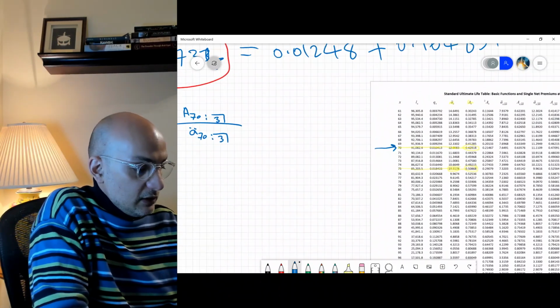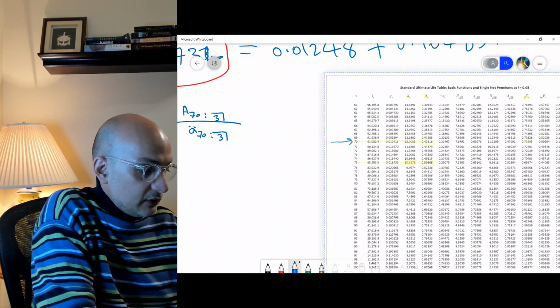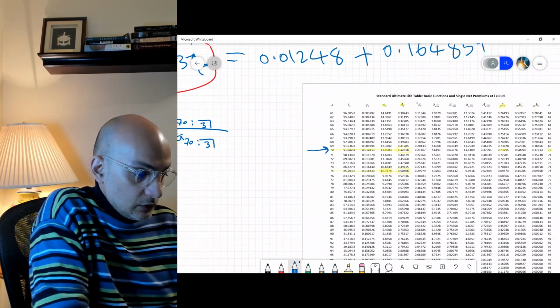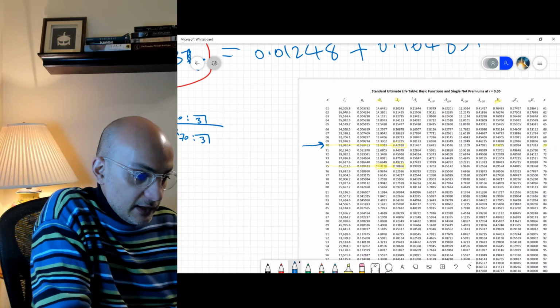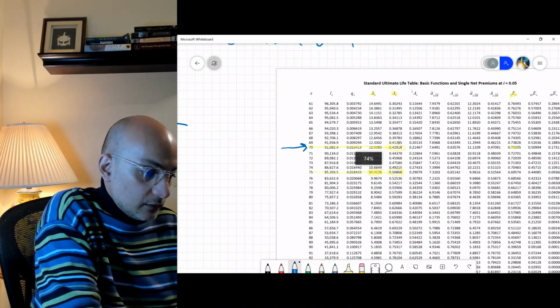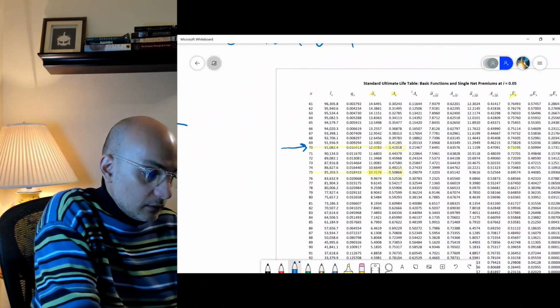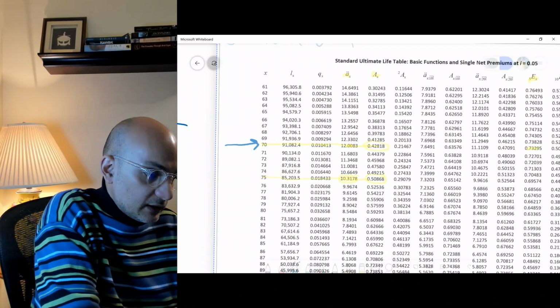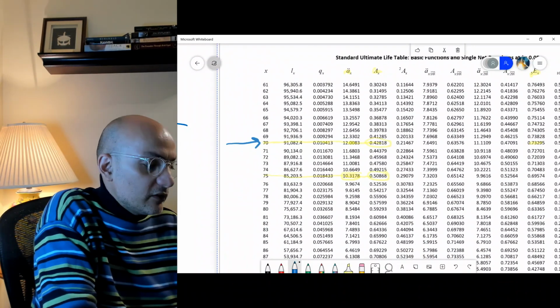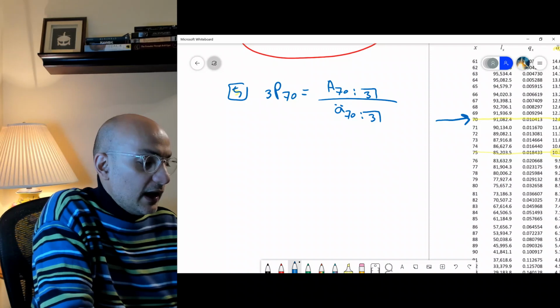You try to see if you have the 3. You don't have anything with the 3 here, right? So let's see how we can do it if you don't have the 3.